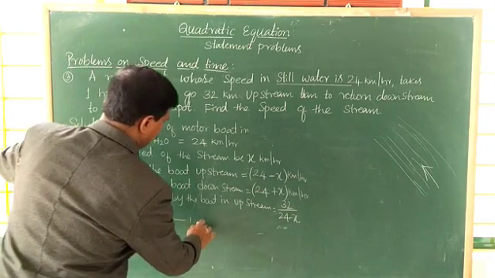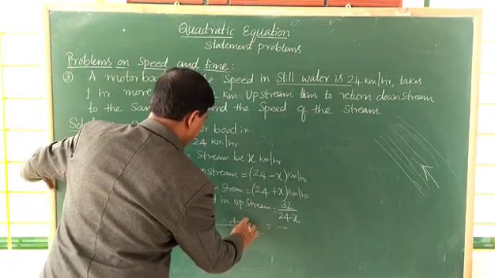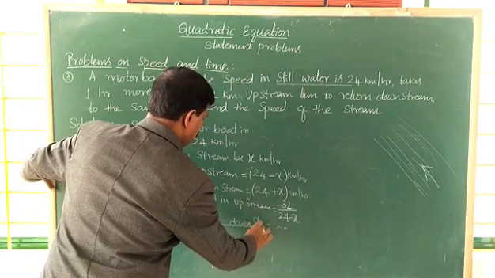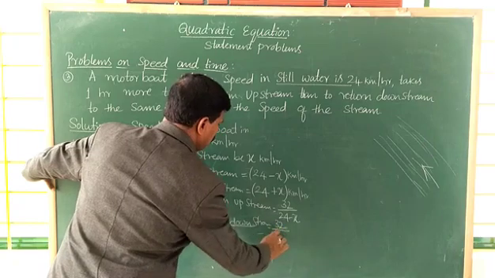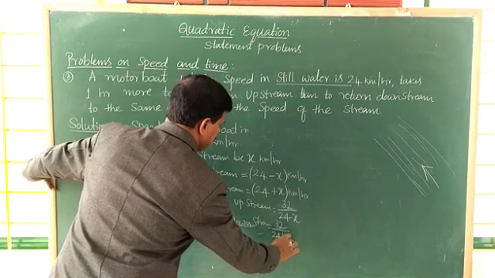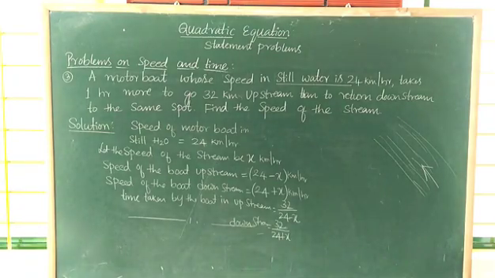Then time taken by the boat in the downstream equals 32 by 24 plus x. Clear?